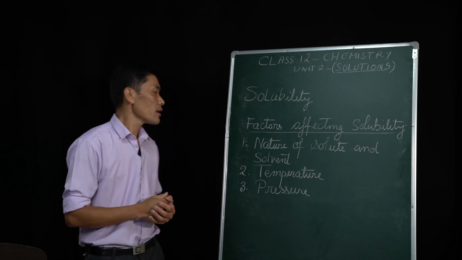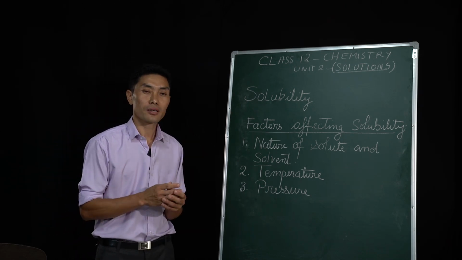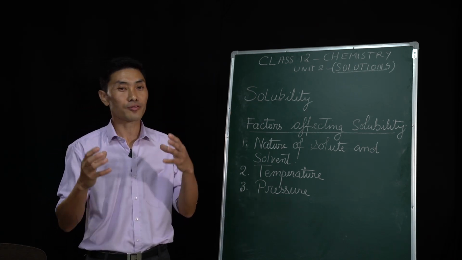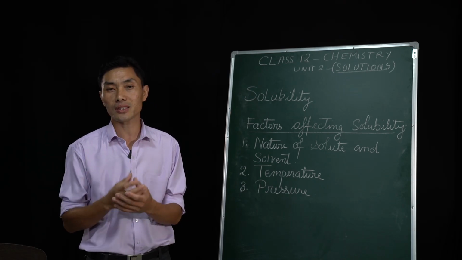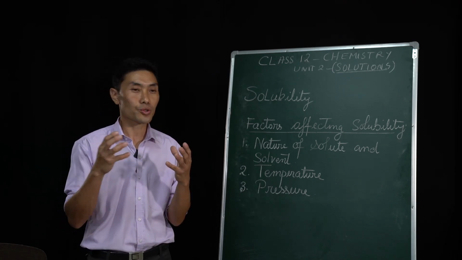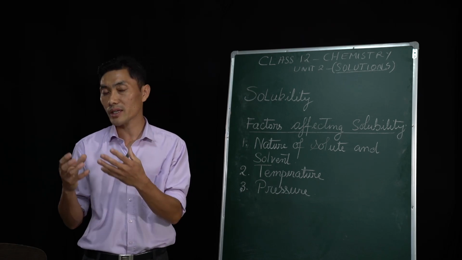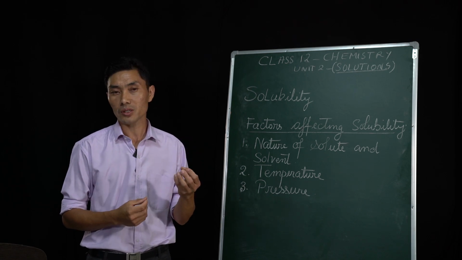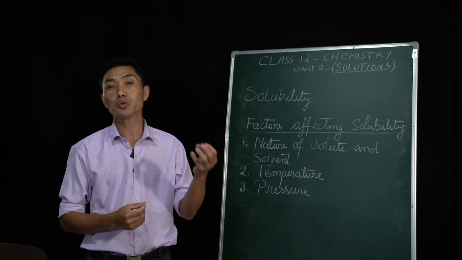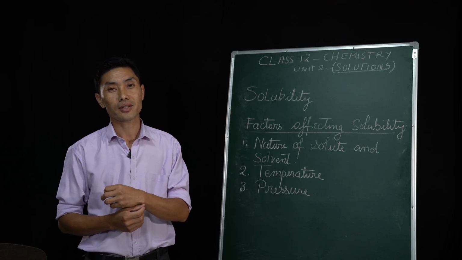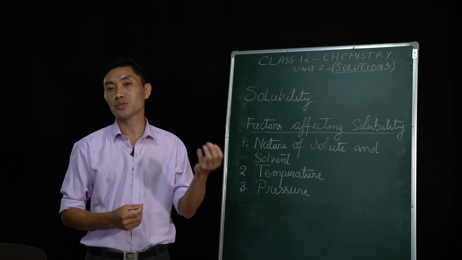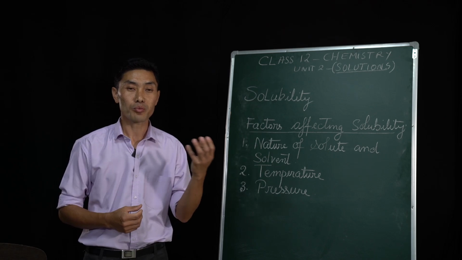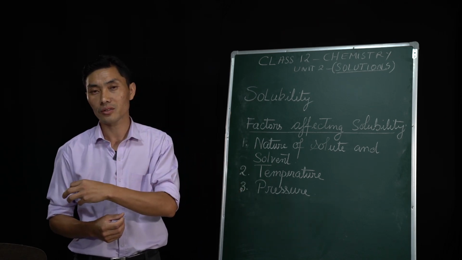It is found that only those solids in which the intermolecular forces of attraction are similar to those in the liquid, that is in the solvent, are soluble in that particular solvent. That means polar solutes are soluble in polar solvents. Non-polar solutes are soluble in non-polar solvents. We cannot dissolve a polar solute in a non-polar solvent.